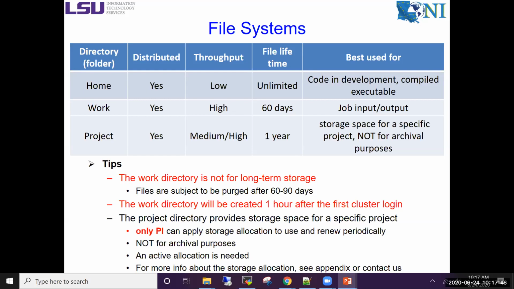If you need to use a very large software, for example 10 GB, which is larger than the space limit of your home directory, and you do not want to save it in a work directory because it will be purged after 60 to 90 days, the best solution is to ask your PI to apply for a storage allocation, and you will get a project folder for your whole group. There is more information about storage allocation in the appendix section of the slides. If you have any questions, just feel free to contact us.